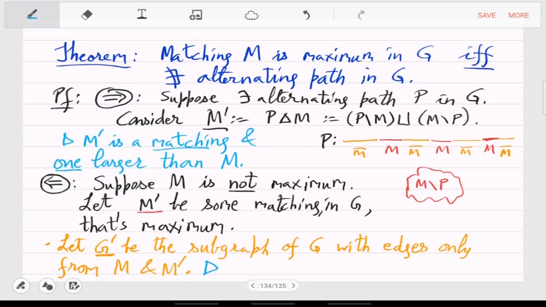So in fact, the degree of G prime is less than or equal to 2.